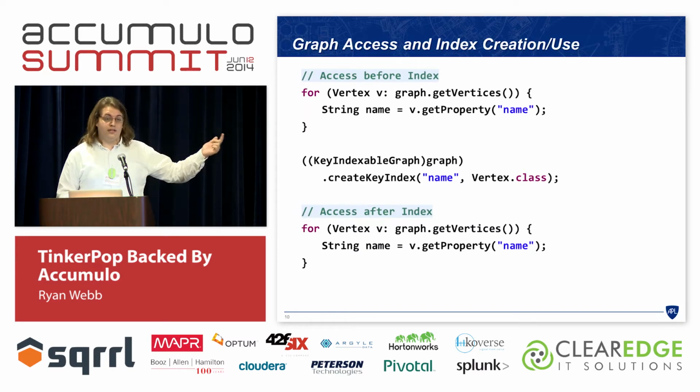And then once that's done, we can iterate over the vertices again, and it should be faster because now name is indexed and we're using a quicker lookup method. With the multiple interfaces, if you don't cast it to an Accumulo graph at the beginning and you want to use these other features, you have to do your casting to what features you want.